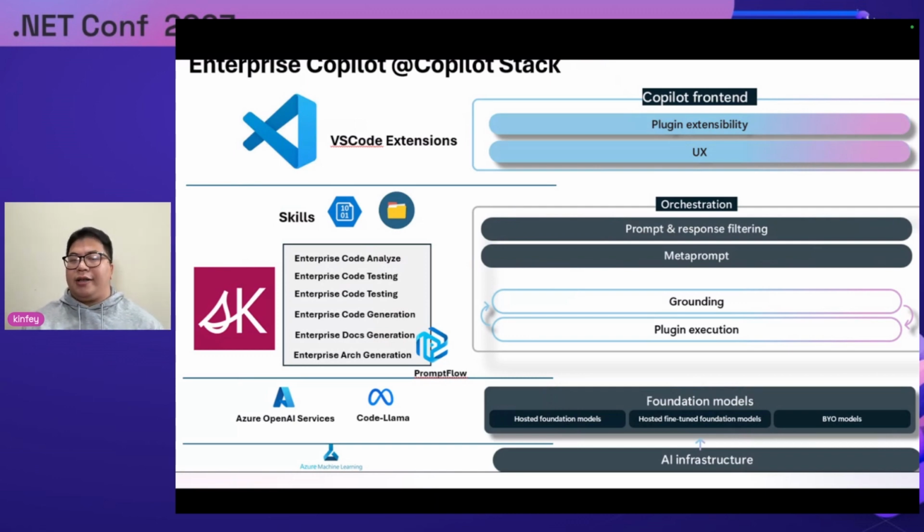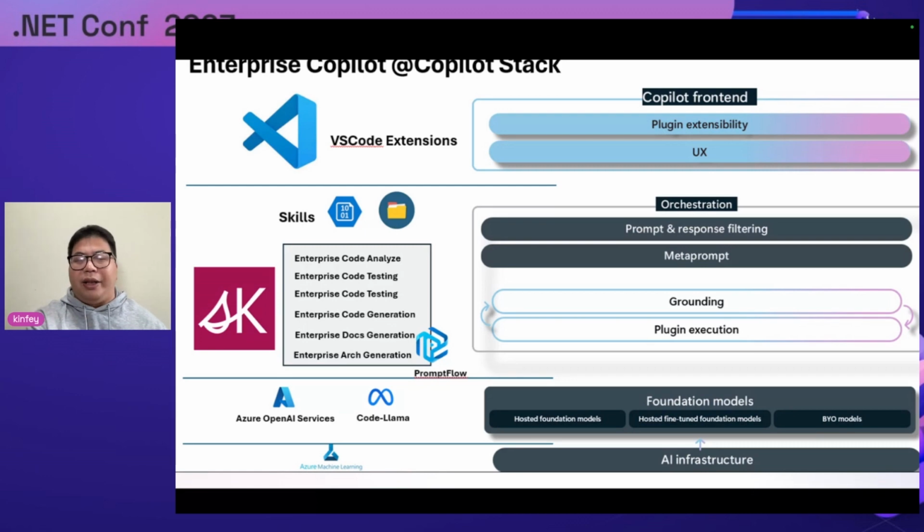AI infra is Azure Machine Learning. You can deploy different models there, just like Azure OpenAI Service and Copilot. You can choose this. The front end is the Visual Studio Code extension, and the orchestration is many prompts.